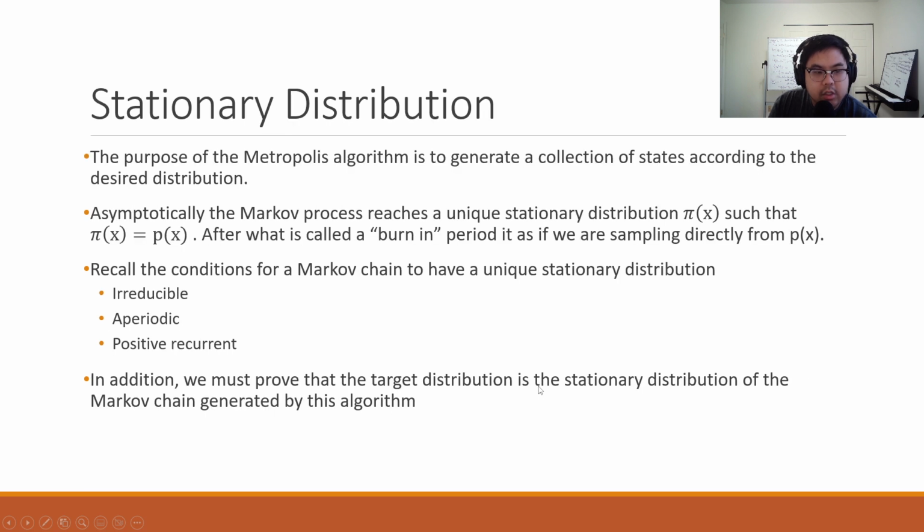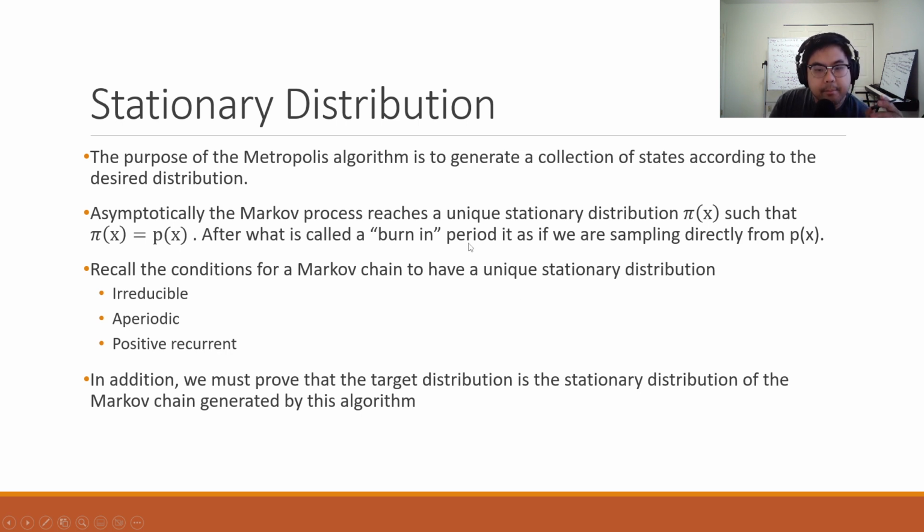So let's go into the stationary distribution. Now we know a property Markov chains have is that sometimes they have a stationary distribution. And we're going to prove that this one has a unique stationary distribution. And we're also going to prove that what it converges to is the target distribution, or the posterior, which in Bayes rule is what we're solving for, that we don't know.